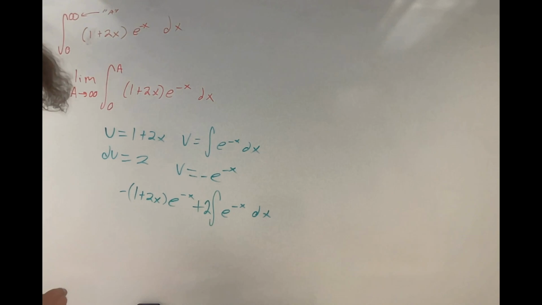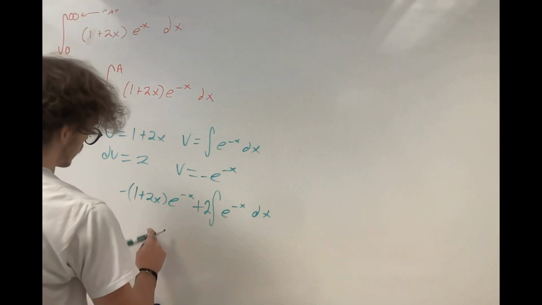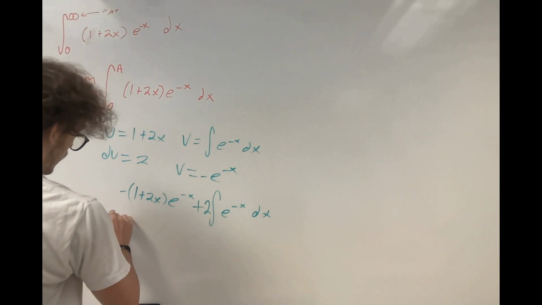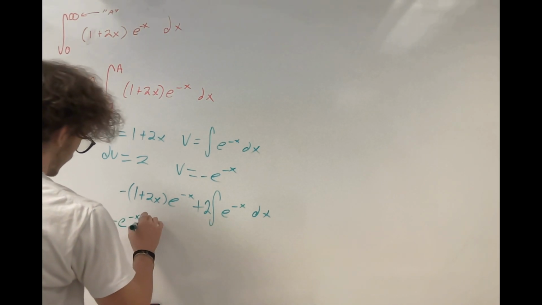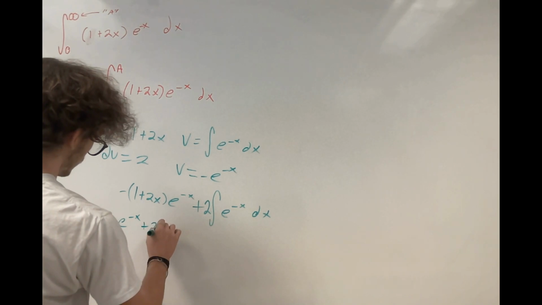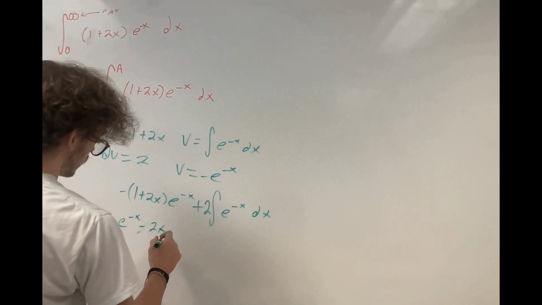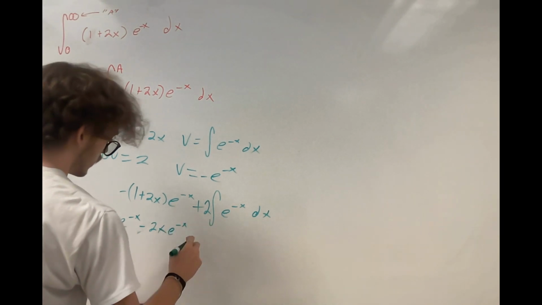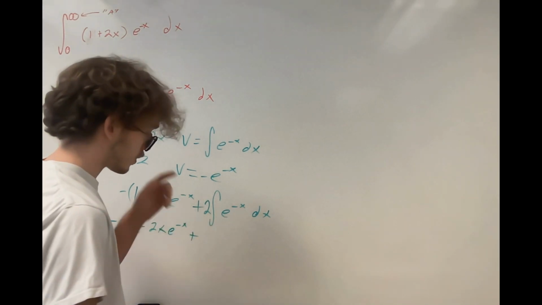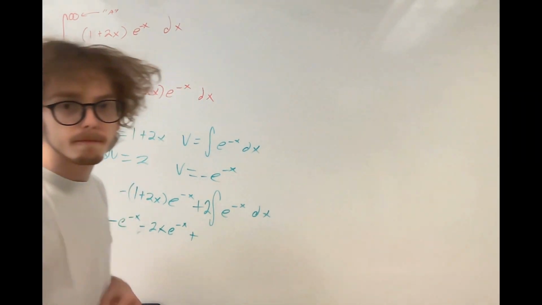So what we'll do next is we'll distribute this. So we're going to say that negative e to the negative x, minus 2x e to the negative x, plus, let me just make sure you guys can see.